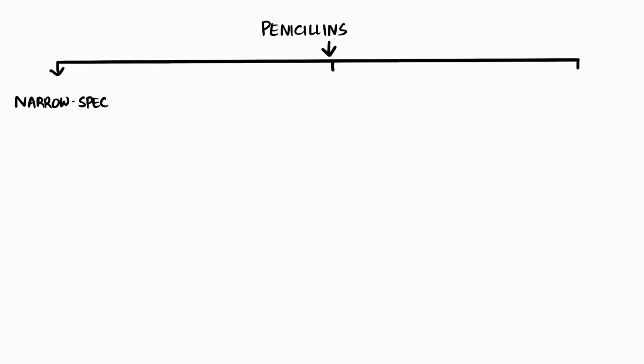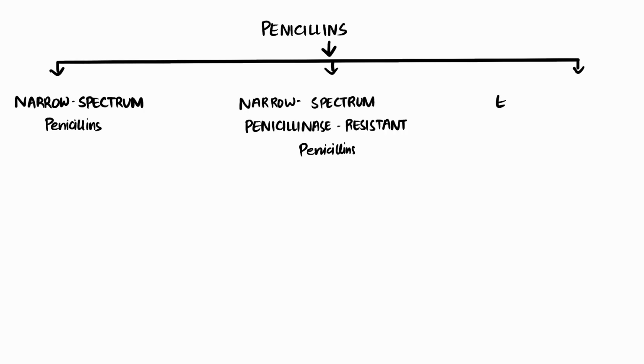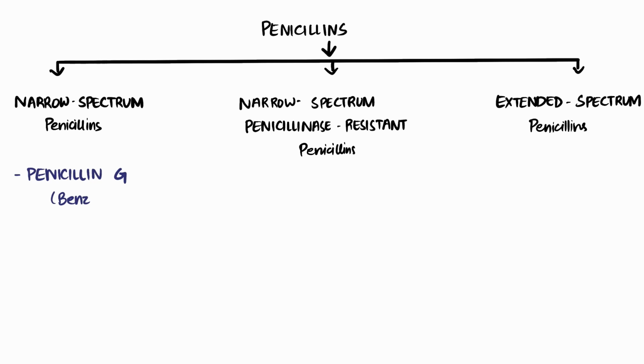Based on their antimicrobial activity, penicillins are divided into the following categories. So we've got narrow-spectrum penicillins, narrow-spectrum penicillinase resistant penicillins, and extended-spectrum penicillins. The narrow-spectrum penicillins include Penicillin G, also known as benzyl penicillin, and Penicillin V, which is also known as phenoxymethylpenicillin.